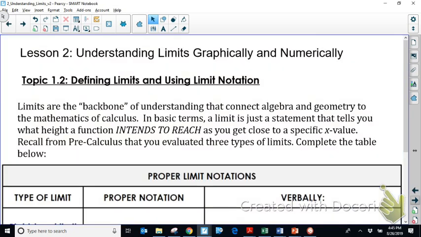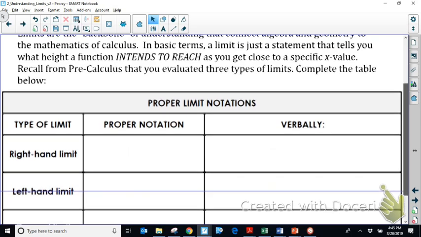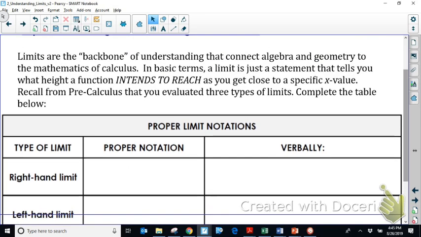But let's go ahead and get into what we're looking at for limits and how you define them or how you notate them. So a limit is an old concept that was part of the process that people would go through on the way to what Newton and Leibniz did for finalizing calculus.